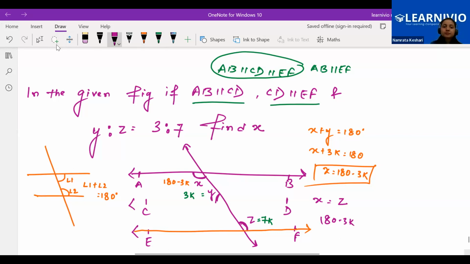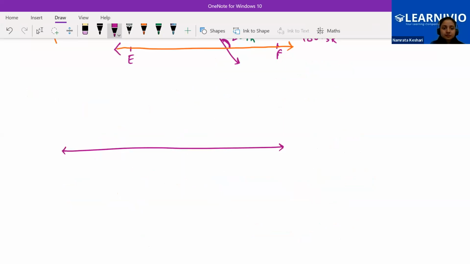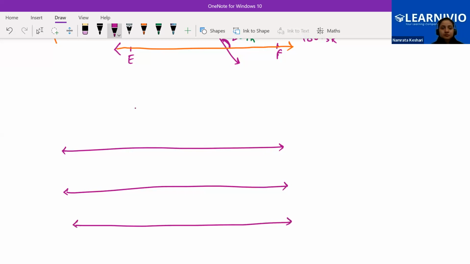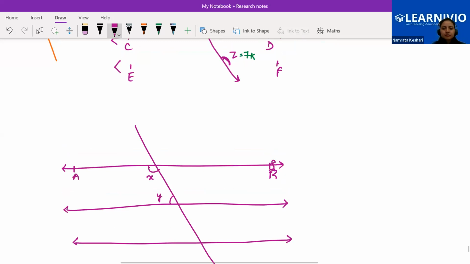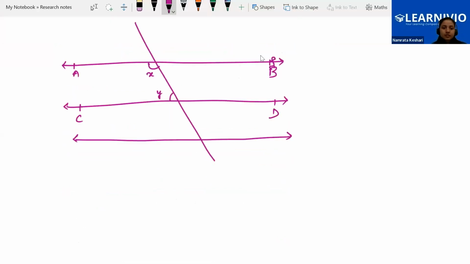Okay, I'm drawing it over here. X, Y, A, B, C, D. This is EF.